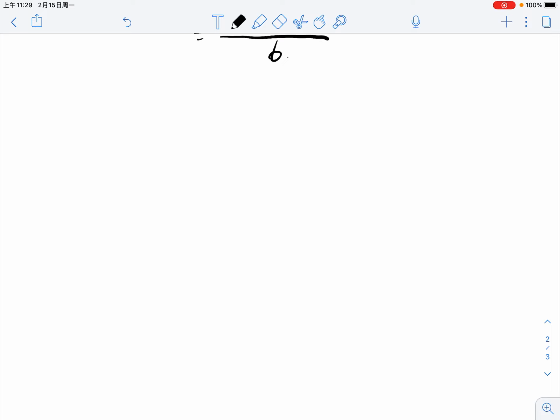Okay, so let's make several remarks. The first remark is, it's easy to see by induction, you can compute the summation for a fixed integer k greater than or equal to 1.